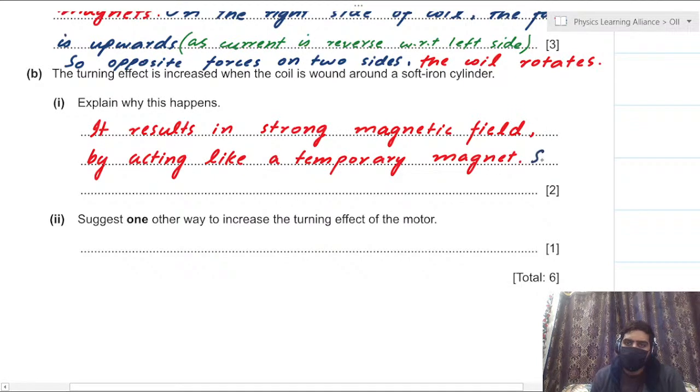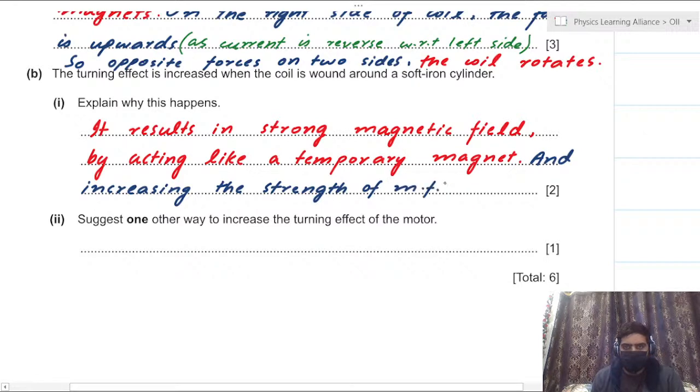So increasing the strength of magnetic field increases force.